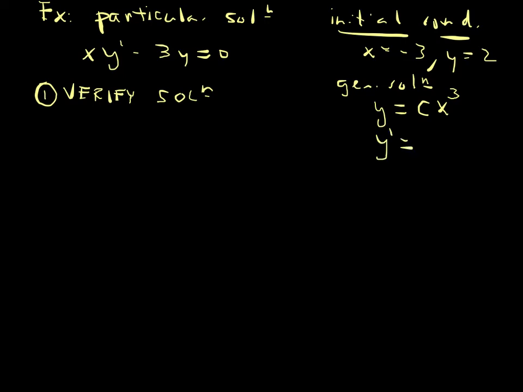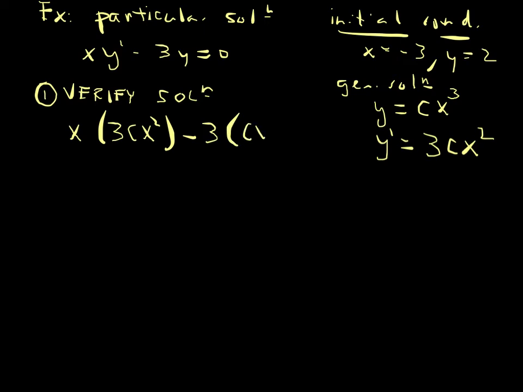Let's see. That's going to be 3c x squared. Now I've got a y prime and a y here, so I can place those into the equation and see if it works. So x times 3c x squared minus 3 times c x cubed equals 0.